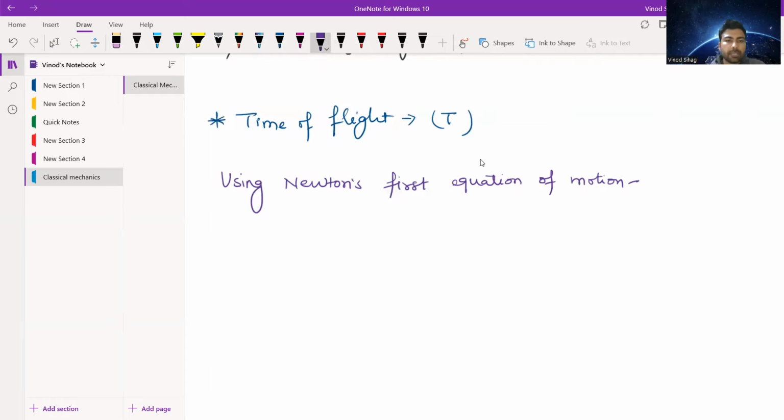What is the first equation of motion? It is basically v equals to u plus at. And now we are going to use it in which direction? Y direction, because in the x direction there is no acceleration, so the velocity will be the same throughout the motion. So in the y direction, the velocity will be written as Vy, and it will be Uy, the initial velocity, plus Ay into t. This will be the first equation of motion in the y direction.